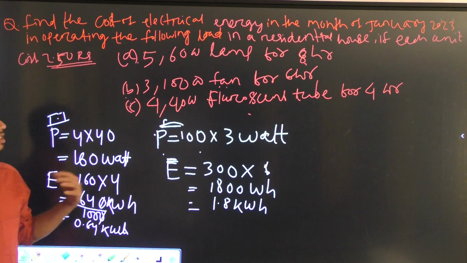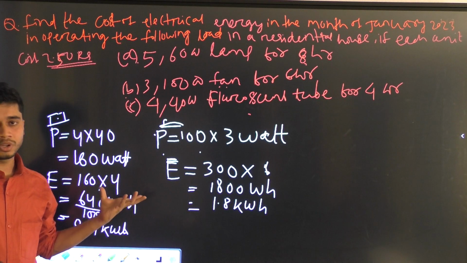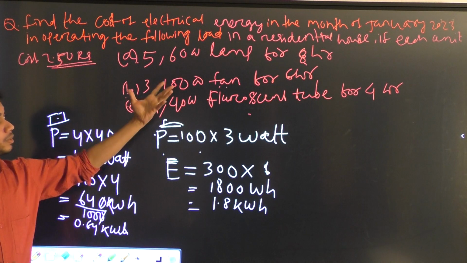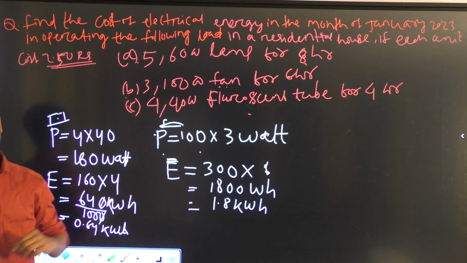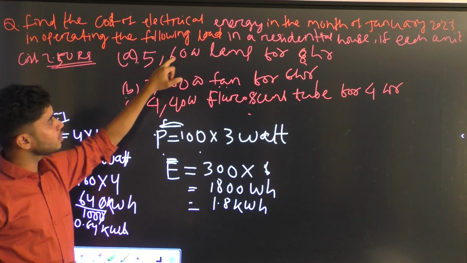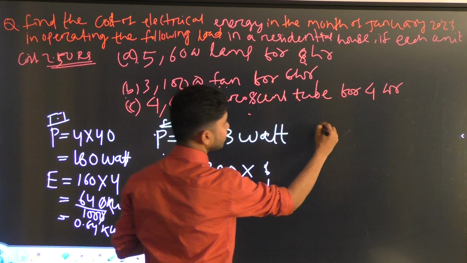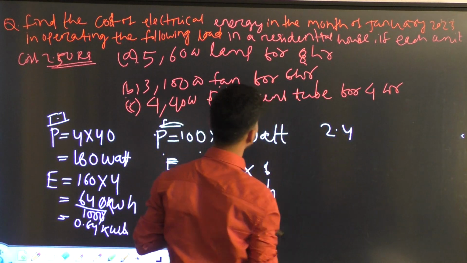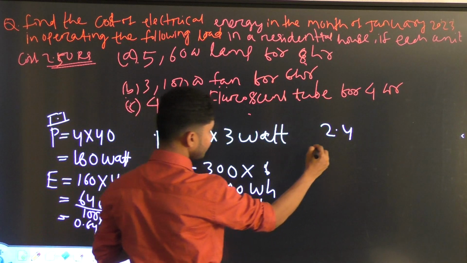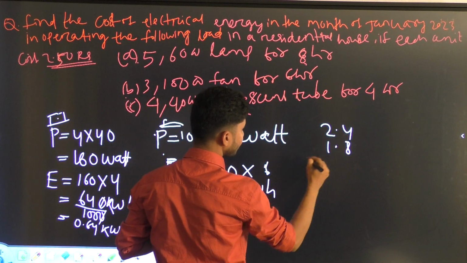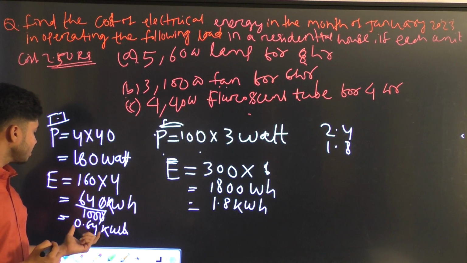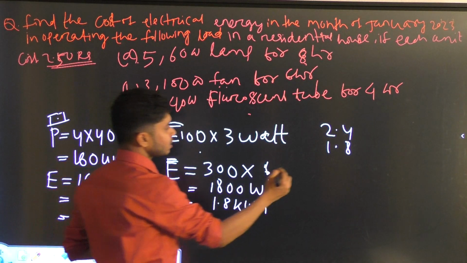Now, what is the total amount of energy consumed by these loads in one day? Very simple. We know that the lamp consumed energy of 2.4 kilowatt hour. Fan consumed energy of 1.8 kilowatt hour. And fluorescent tube consumed energy of 0.64 kilowatt hour.